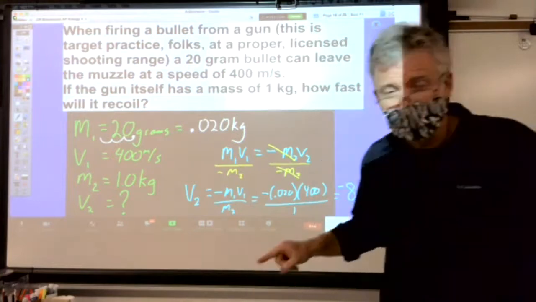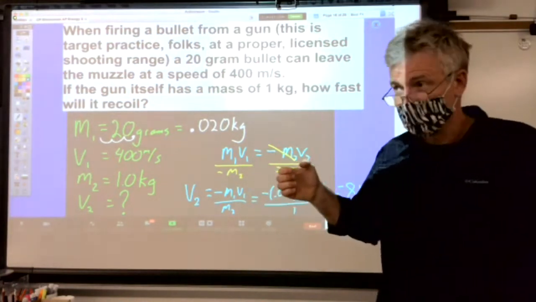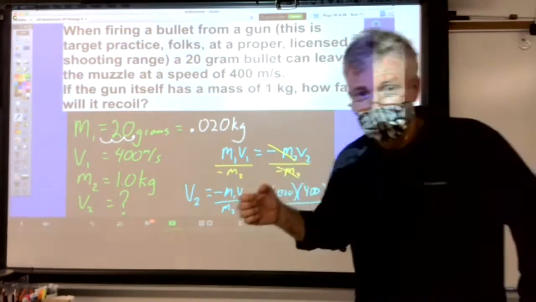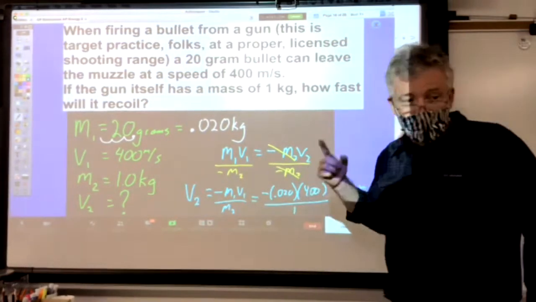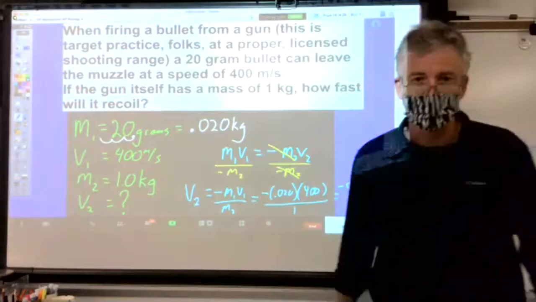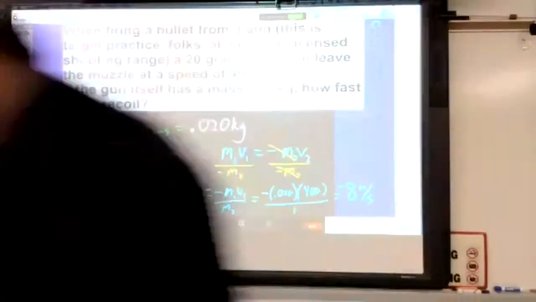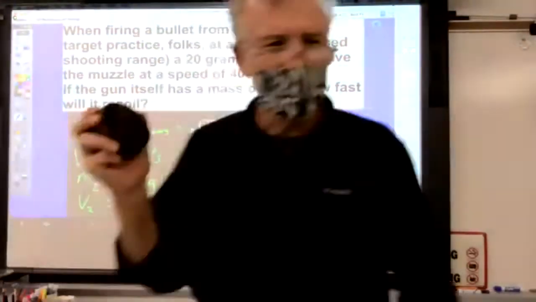Is that fast for something that you're supposed to be holding? Yeah, it is. Okay. That's why a rifle, a pistol, for example, would not have a mass of 1 kilogram. A pistol will have a mass of like 2 to 3 kilograms. Has anybody picked up a firearm?